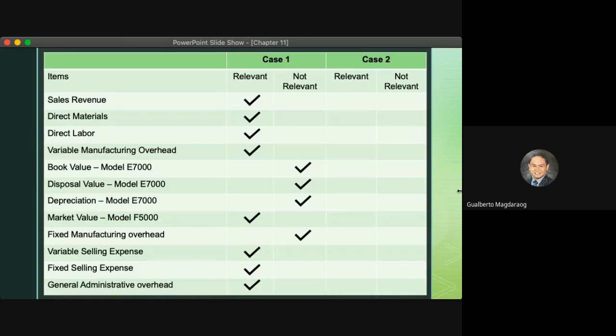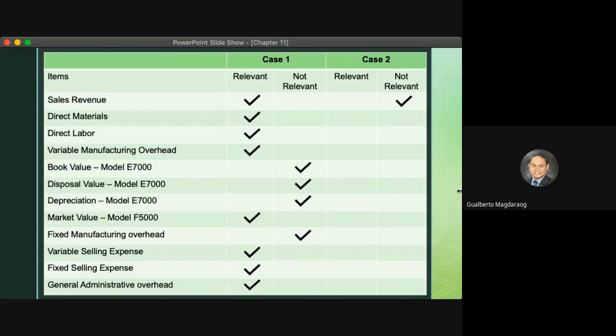For case 2, the management intends to sell the old machine and replace it with the new machine. And as mentioned, there will be no change in the number of units produced and the number of units sold. So our sales revenue will not change because there is no change in production and number of units sold. Therefore, it is not relevant at all.